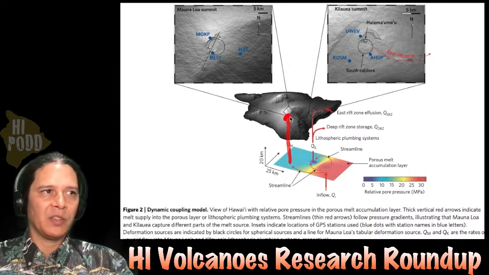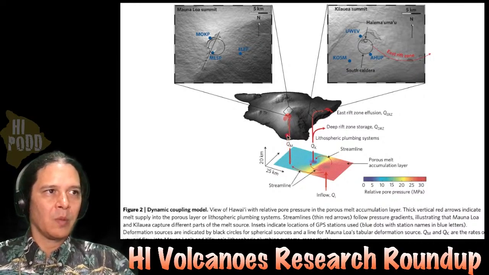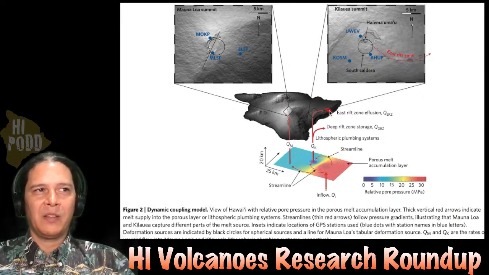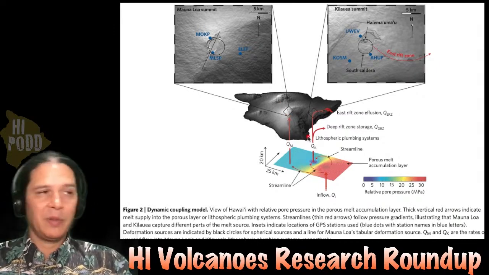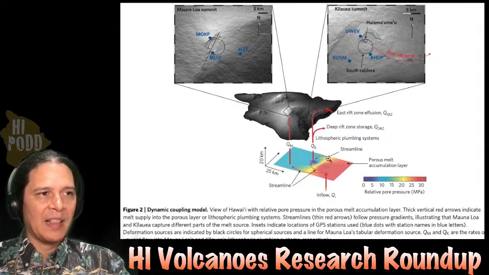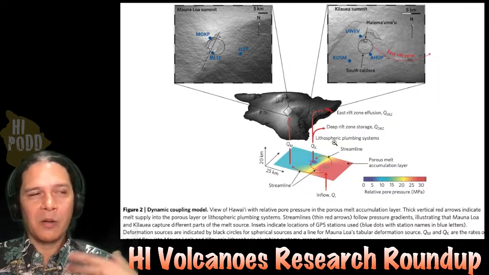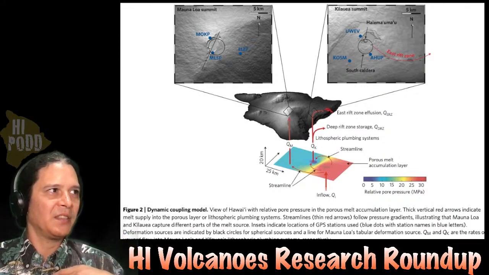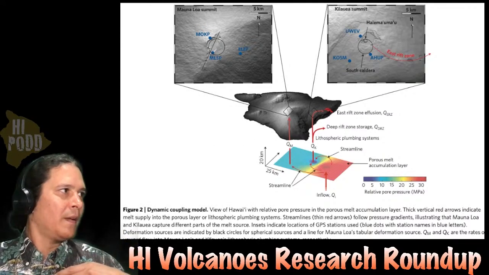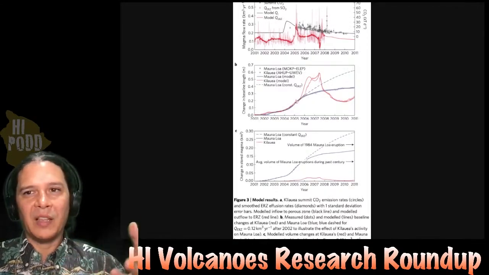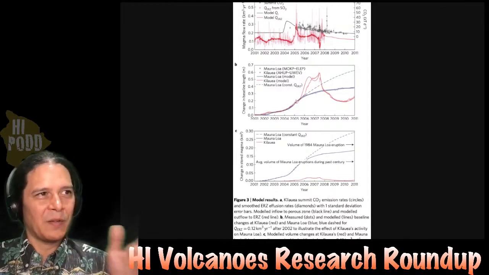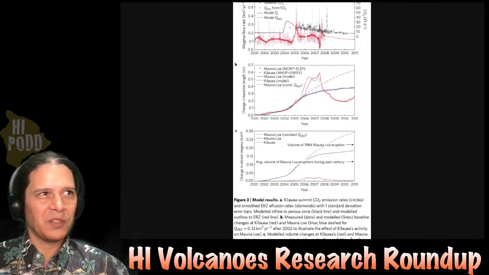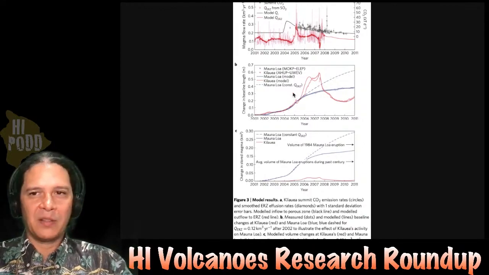So if Mauna Loa is pulling more pressure, then it might reduce the input into Kilauea potentially. That's a slower long-term process. We've seen modeling results that indicated something like a 6-month delay or so between one of the volcanoes doing something and having that effect visible in the other.